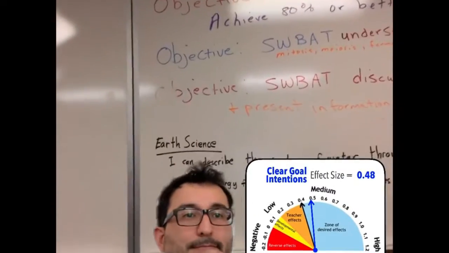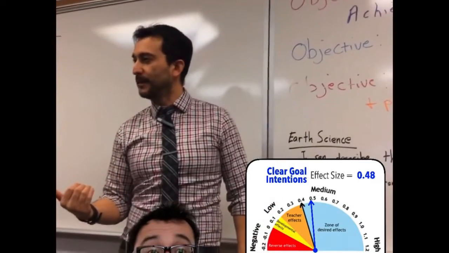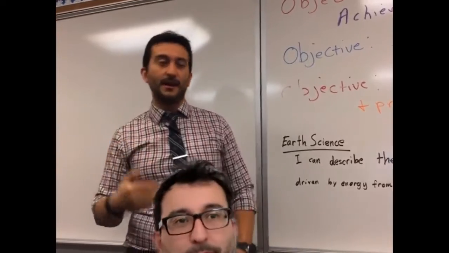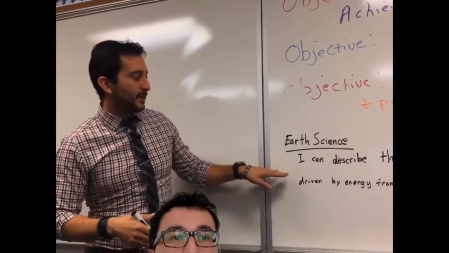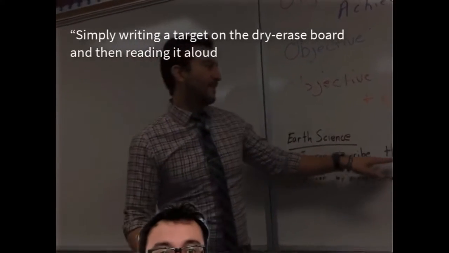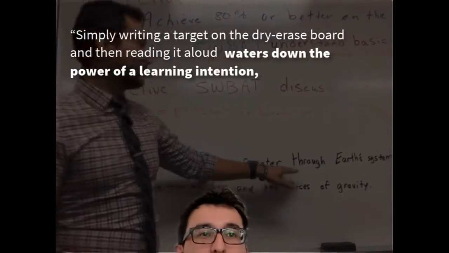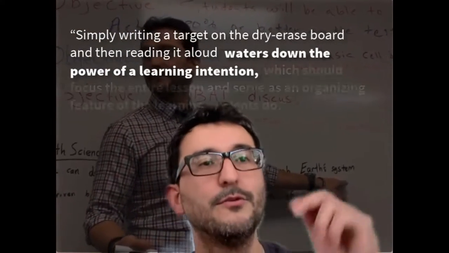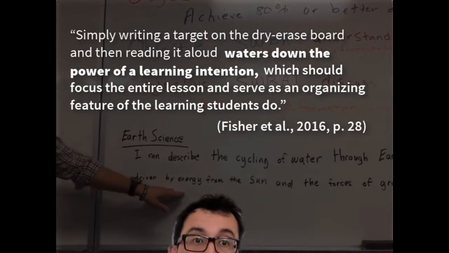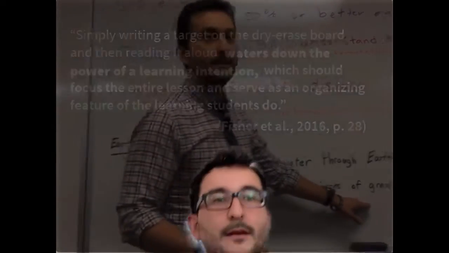So here's our learning today. I want you to just quietly repeat after me, okay? You can just quietly, just under your breath, if I need to at least hear you. Ready? So our goal today is this. I can describe the cycling of water through Earth's system, driven by energy from the sun and the forces of gravity.